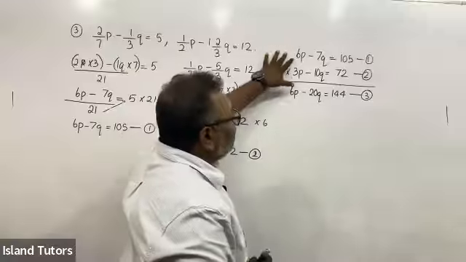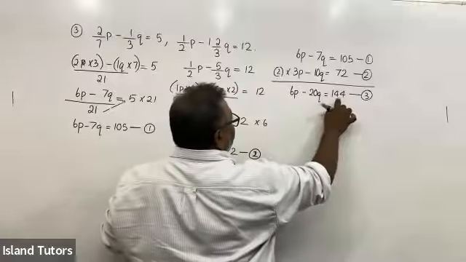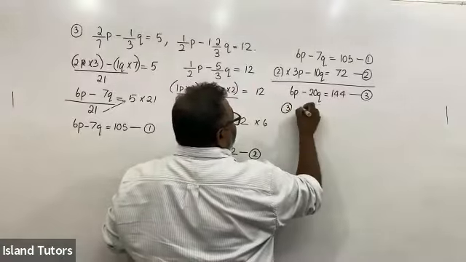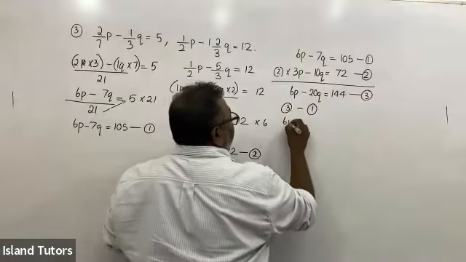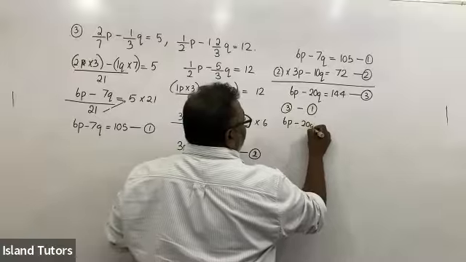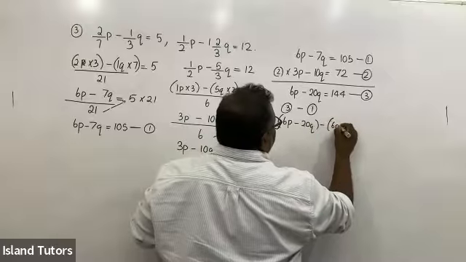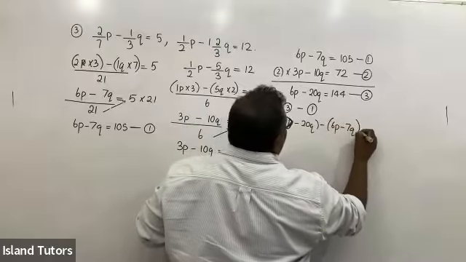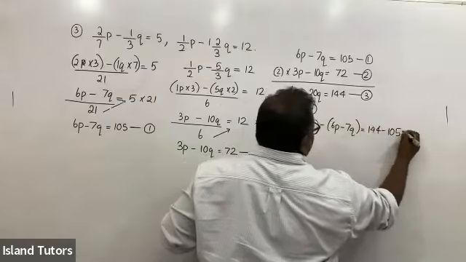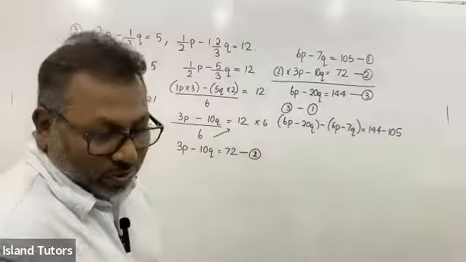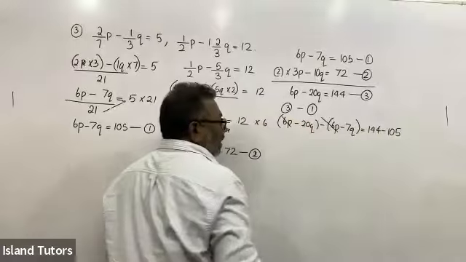Right. Coefficient same, sign same, subtract. This is greater, so we'll take the third equation minus the first equation. So 6p minus 20q minus 6p minus 7q is equal to 144 minus 105. 6p minus 6p cancels.